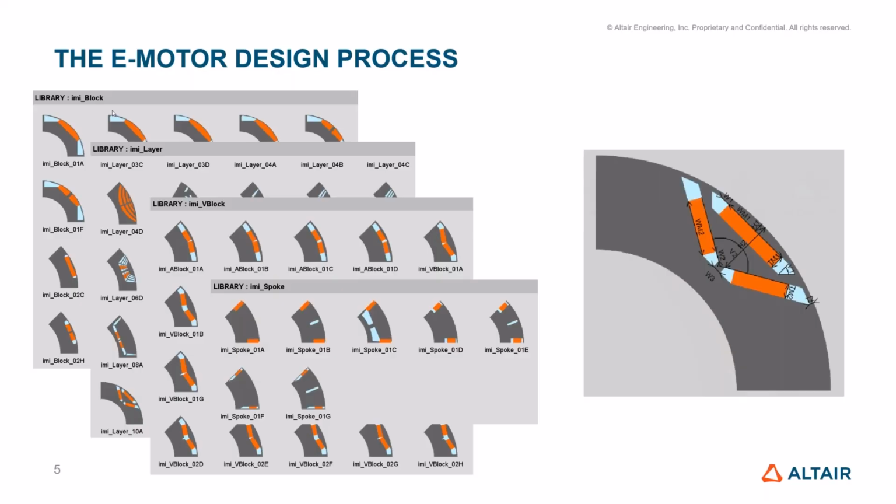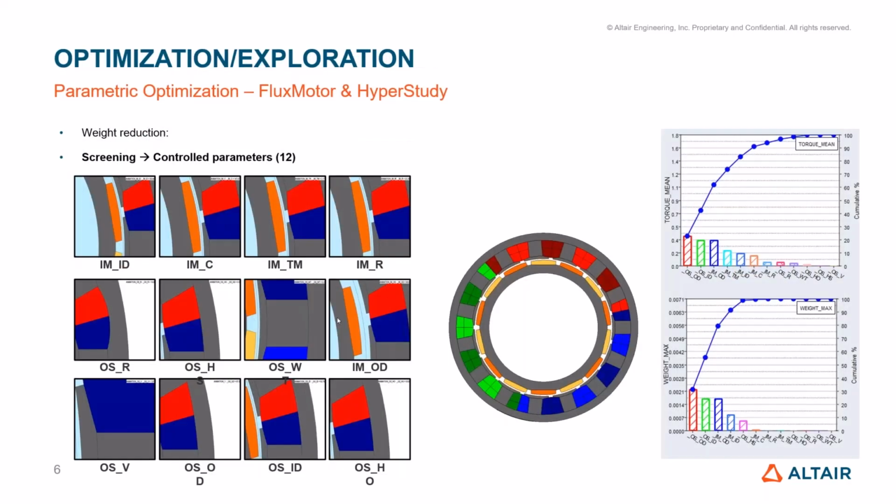So let's see how to do it after a brief review of the automatized processes to which you have access. First is HyperStudy. So we are talking about an optimizer. Thanks to the parameterized part, we have access to HyperStudy and to the e-motor director platform.